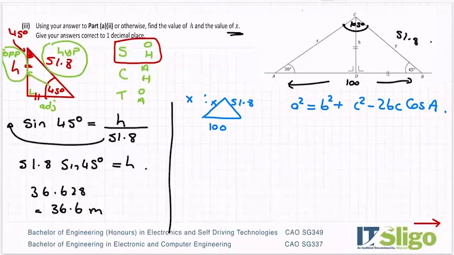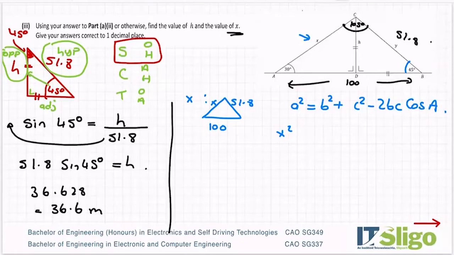So in other words, if I put x squared over here, because I'm trying to find it, then I have to take this 45 degrees. I have to take that for A. Okay, if I put 100 squared here and solve for B or C, then I have to use this angle here. Okay, I hope that's not confusing, but the angle and this side have to match. They have to be a pair.